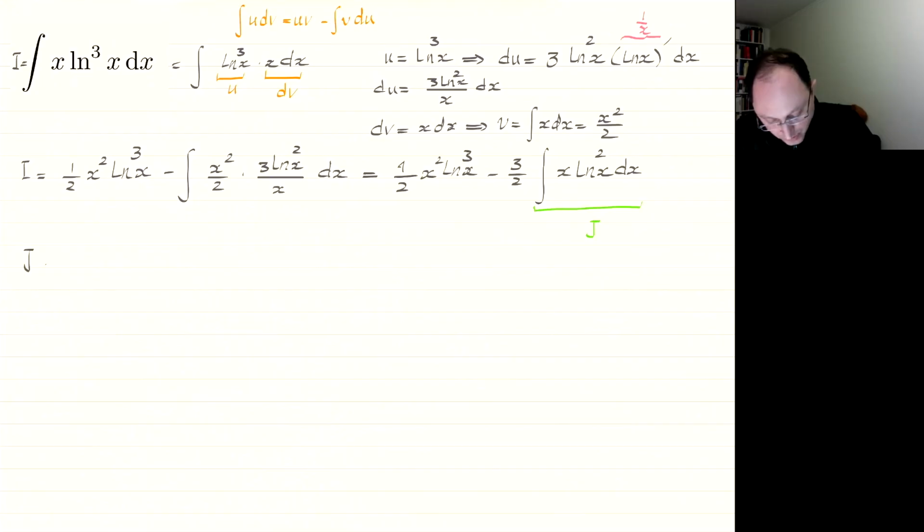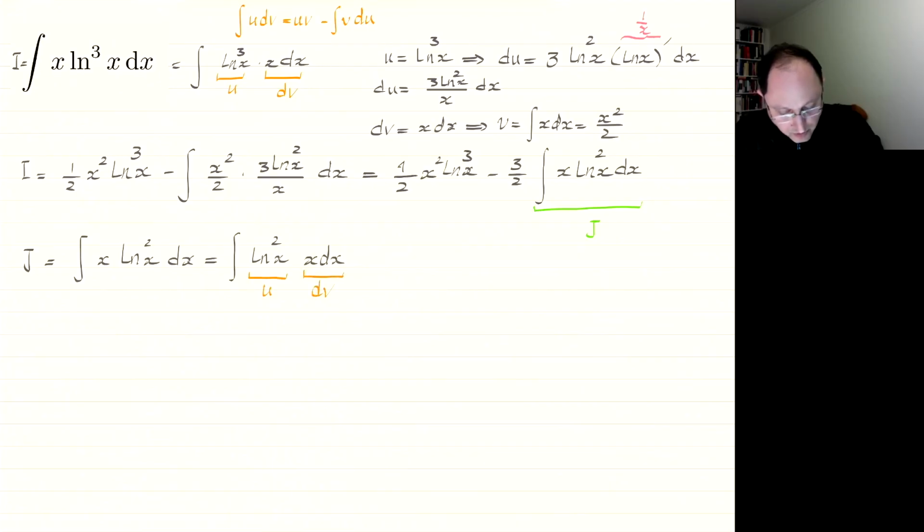So if I want to calculate j, I'll have to do the same technique one more time. Yes, so what does it mean? By the experience we got so far, I can write it as this and then x dx, but this time I will give the role of u to this, and I give the role of dv to this. And because this is very similar to the previous case, if you don't mind, let me do it a little bit faster.